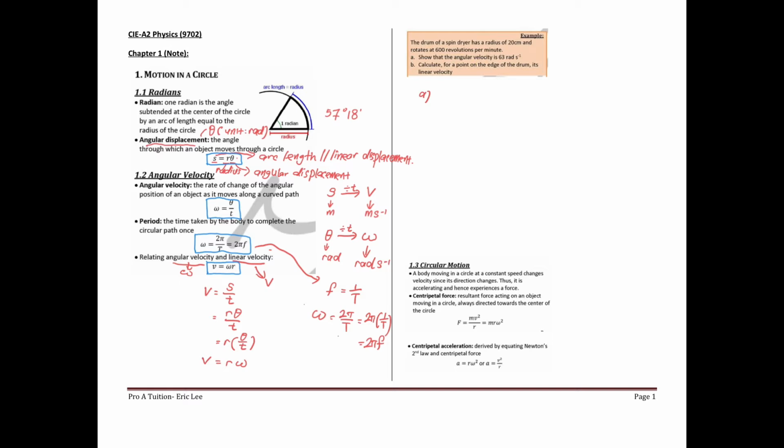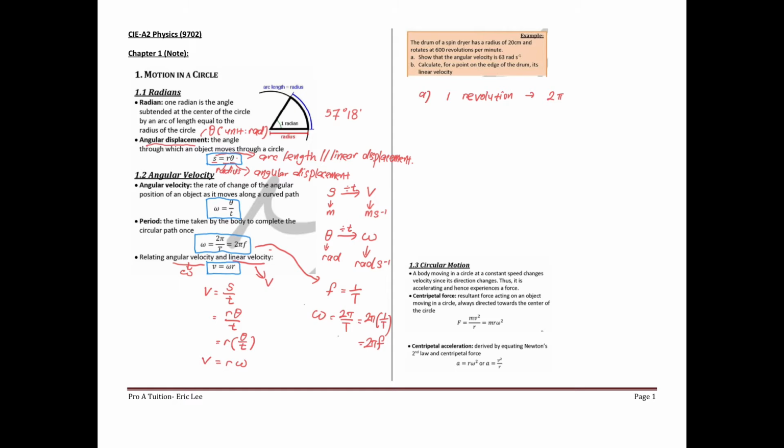So you have to know that one revolution is one round. To make one round, the angle involved is 2 pi. So I write down the information. 1 revolution, the angle is 2 pi.